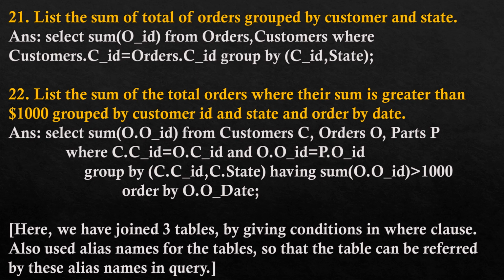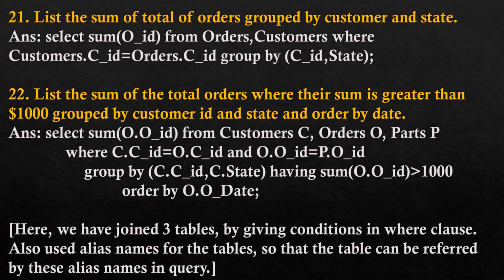We have given alias name C for the table customers, O for the table orders, and P for the table parts. So select O.order ID, that means it will select order ID from the table orders. O is the alias name for the table orders. Then from customers, orders and parts, that means the data will be fetched from these three tables. You are joining these three tables, so you have to mention all the three table names.